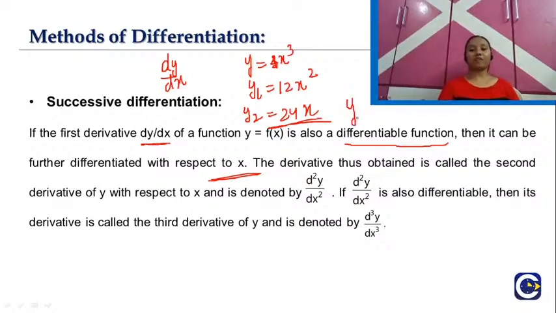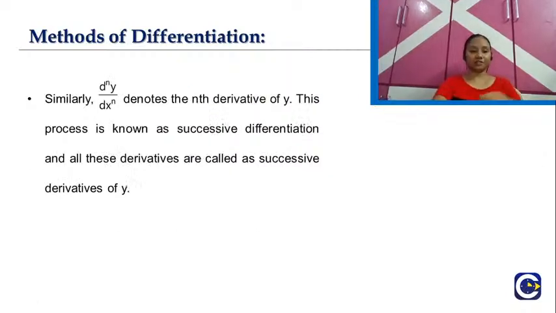So I will be having my next derivative, that is 24. Right, so if you could see, this can also be differentiated further, which means my next derivative will be 0. So likewise, by following these successive steps of doing the differentiation for any given function is nothing but called as successive differentiation.